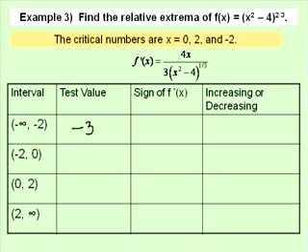The numerator would be negative if we let x equal -3. The denominator would be -3 squared minus 4, which would be a positive value. 9 minus 4 is a positive. So the denominator would be positive, meaning that this would be negative. And so the function is decreasing on that interval.